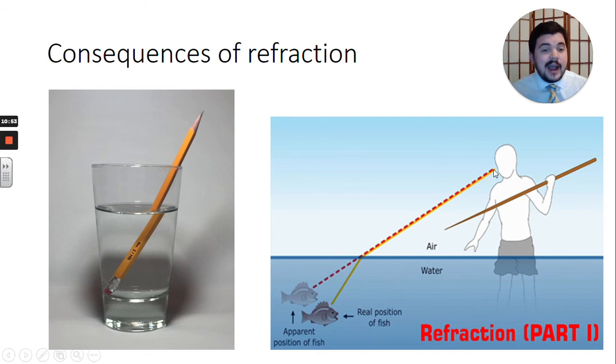And so where your eye thinks the fish is is in this straight line path down here. So where your eyes see the fish is higher than the fish's actual position because of refraction. So if you're going spearfishing, you should actually aim lower than the fish's position that your eye sees, because the fish's actual position is lower than what your eyes are seeing.